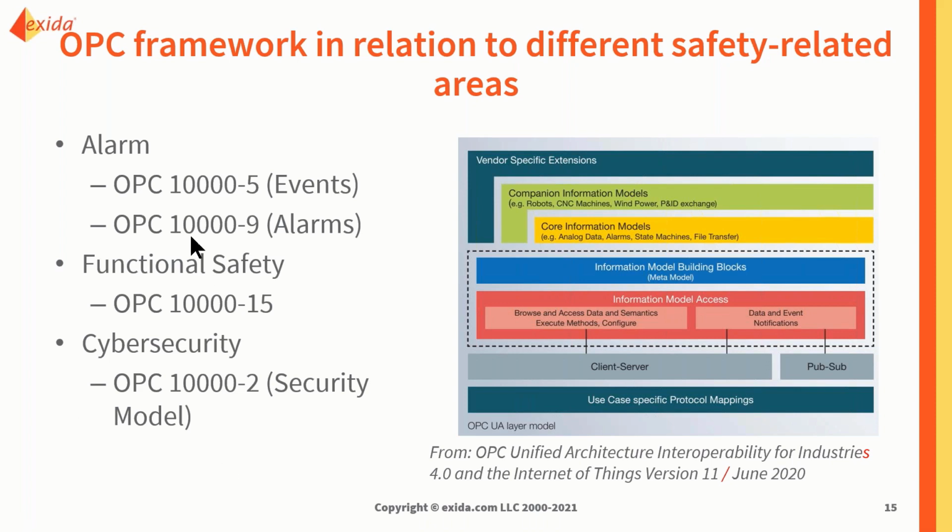In fact, different parts of the OPC standard are in relation to that particular part of the functional safety standard or alarm standards. So the OPC standards actually have strong references to these IEC standards as well. So let's first dig into the alarm part of the OPC standards.